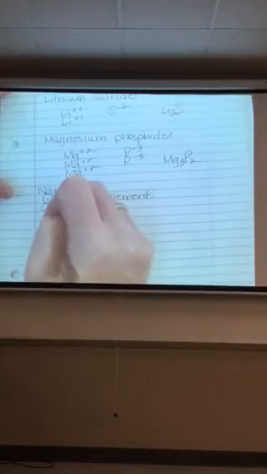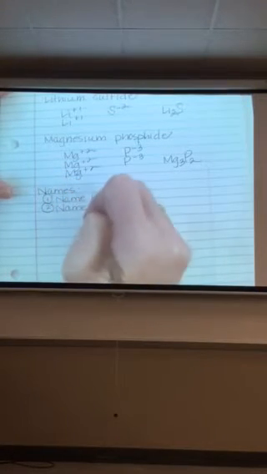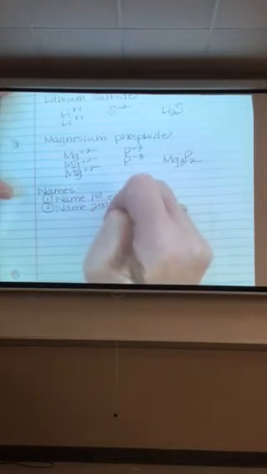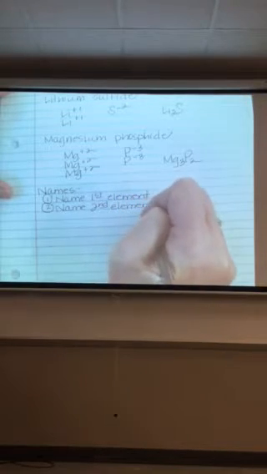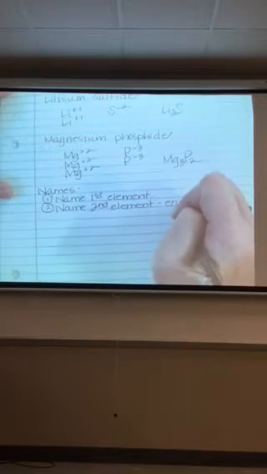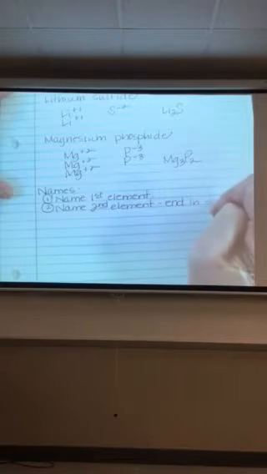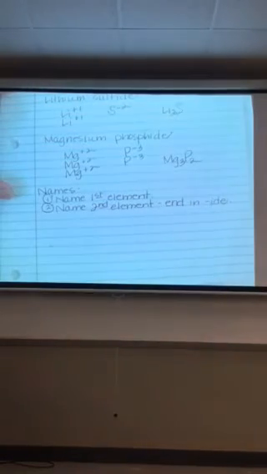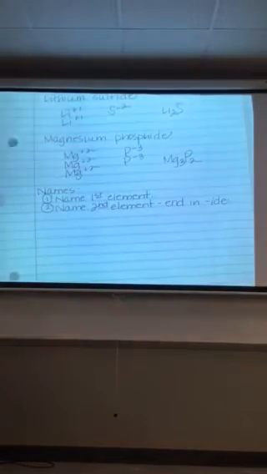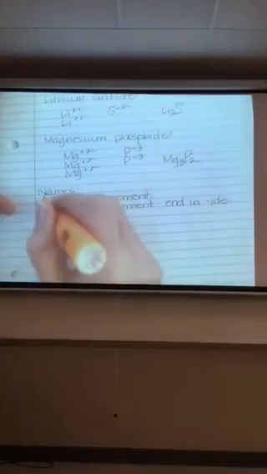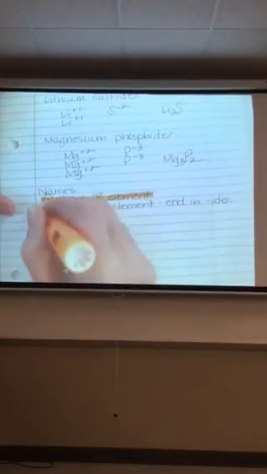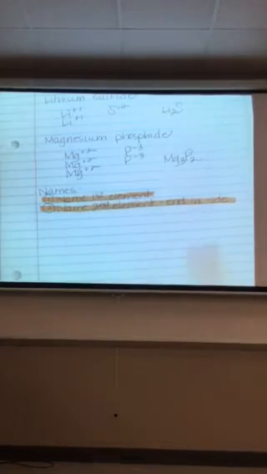Step 2, name the second element, but change the ending to "ide." Name the first element, and then name the second element, but change its ending to "ide."